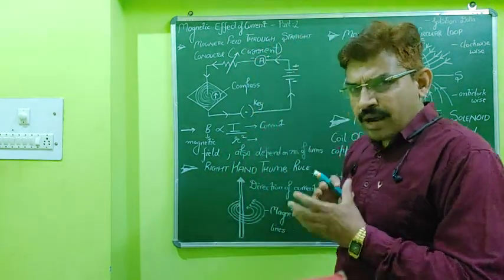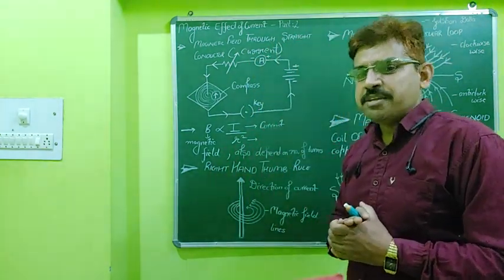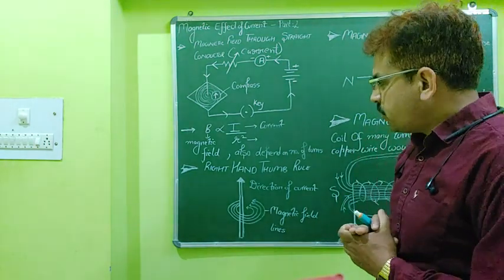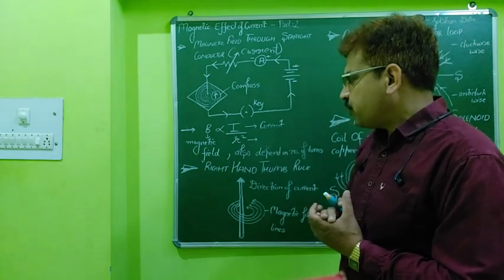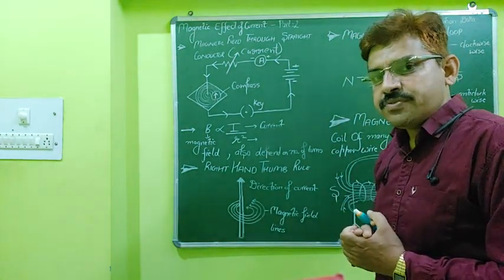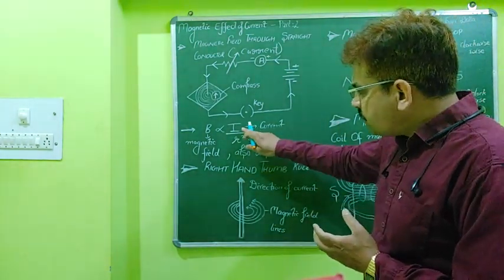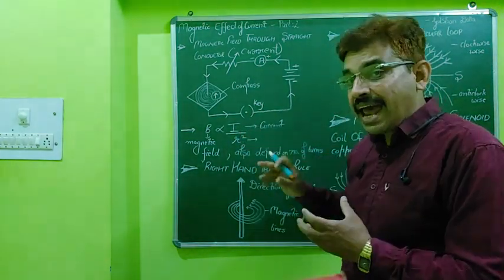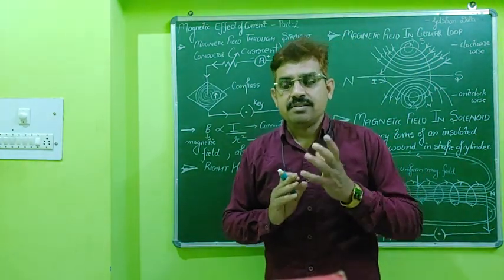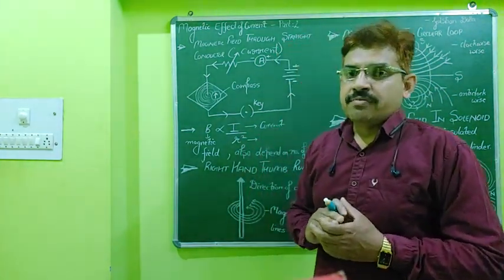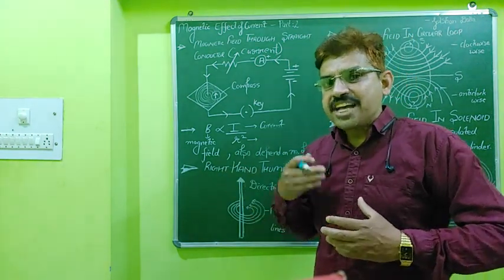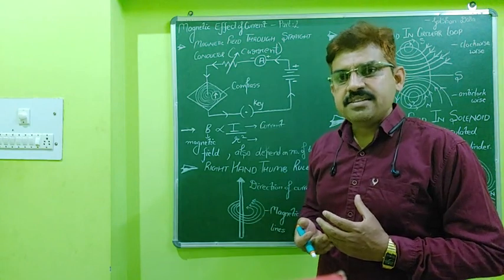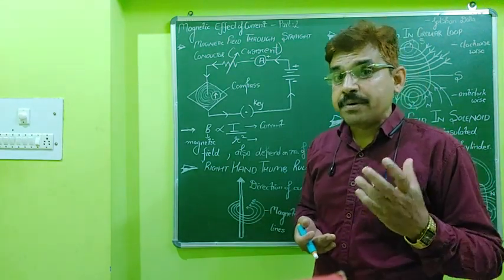And we will also discuss on what factors the magnetic field depends. Current is flowing through the conductor, and the magnitude, meaning the strength of the current, you know, 1 ampere, 2 ampere, 3 ampere, 4 ampere and 5 ampere. As we increase the magnitude of the current, what will happen?